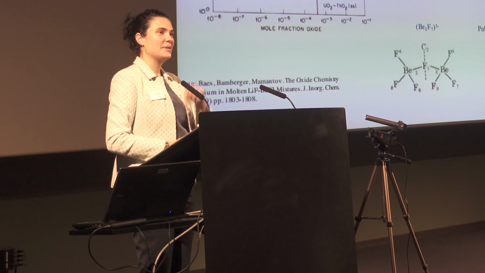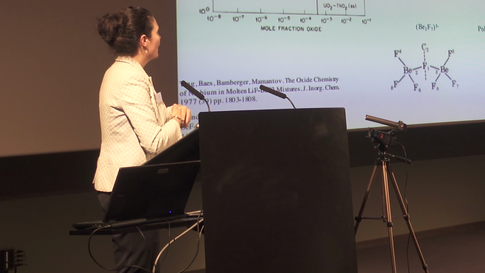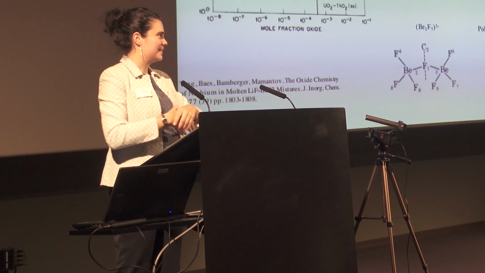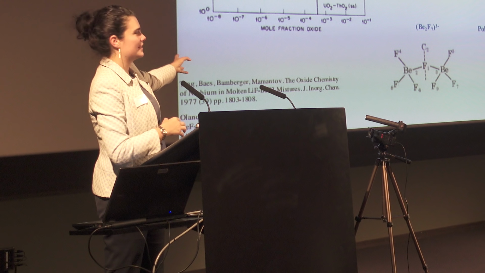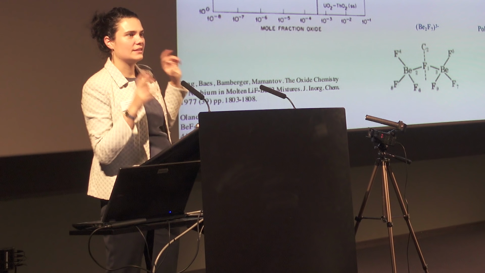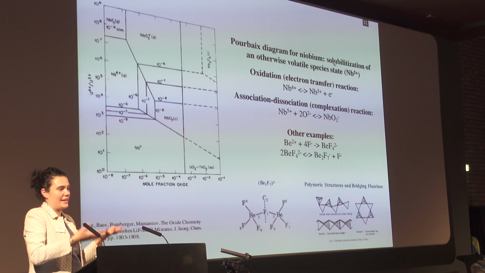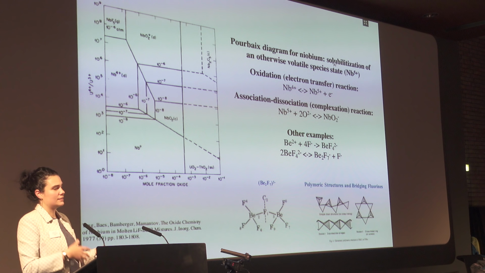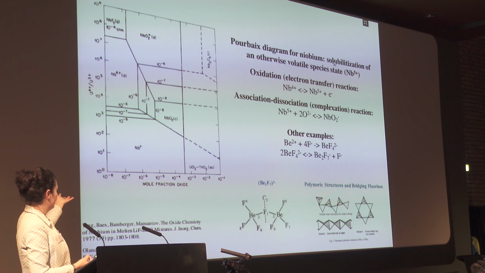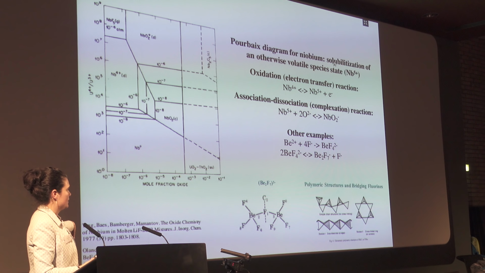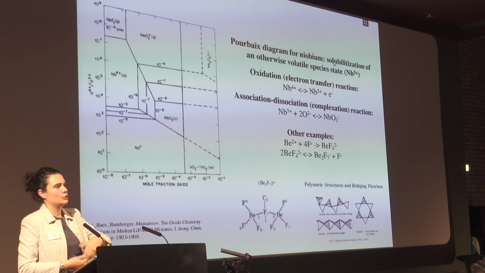So the oxide can be complexed or uncomplexed. And the uncomplexed oxide is what we would like to be able to plot on the x-axis as our pO. But because we can't differentiate between complexed and uncomplexed, or at least not at the time of this study in 1977, what they plotted was the total oxide.